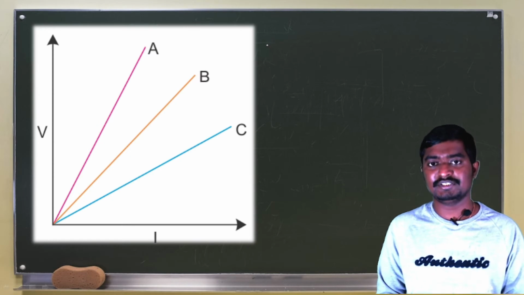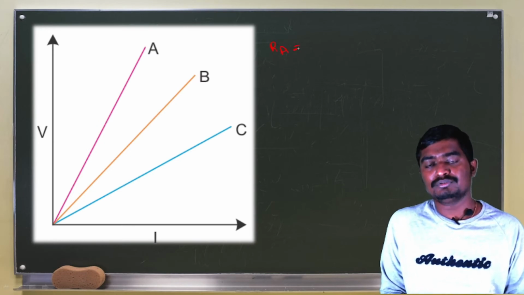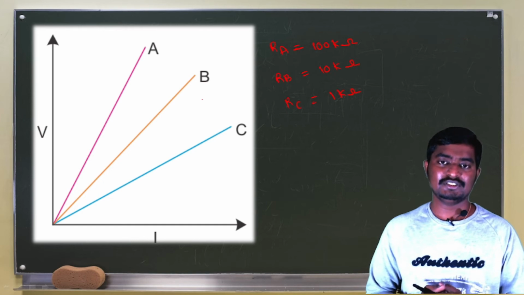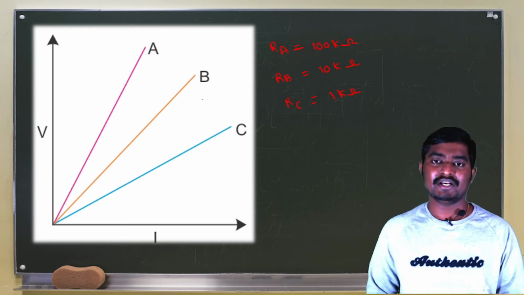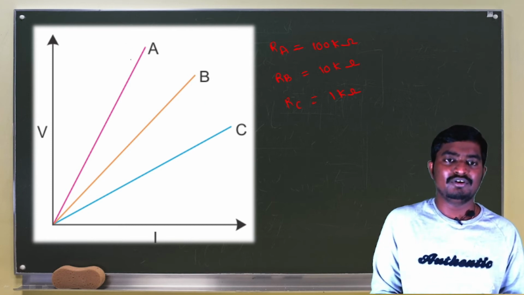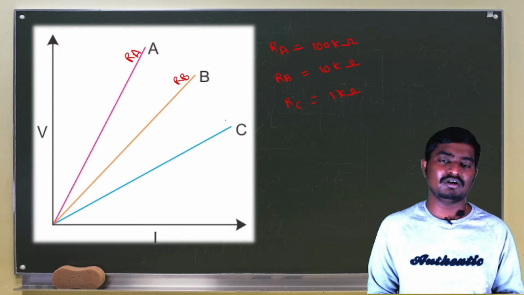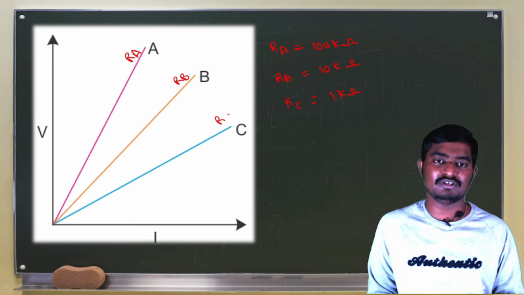Let us consider three resistors: Ra equal to 100 kilo ohm, Rb equal to 10 kilo ohm, and Rc equal to 1 kilo ohm. For these three resistors, I drew the VI characteristics which are shown in the figure. Curve A represents resistor Ra, curve B represents resistor Rb, curve C represents resistor Rc.